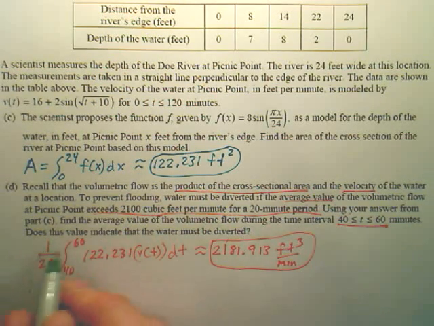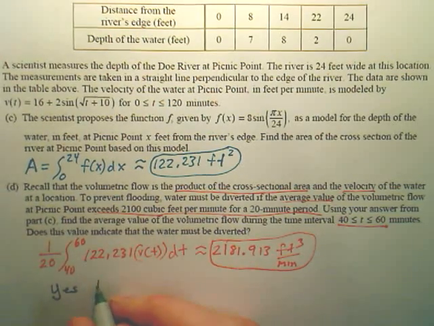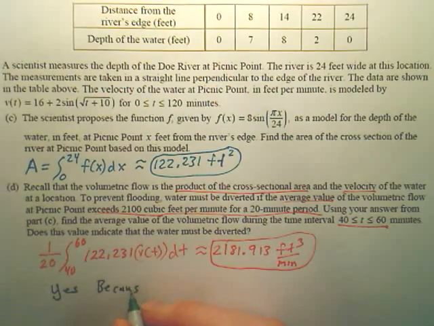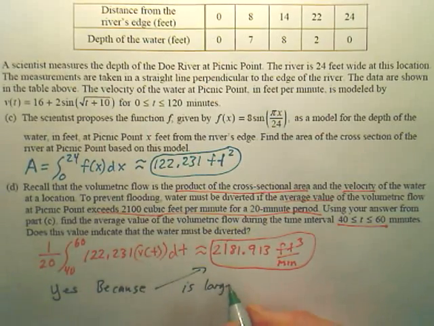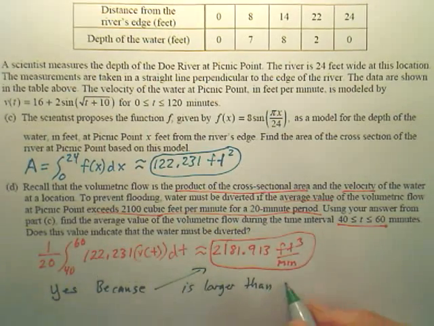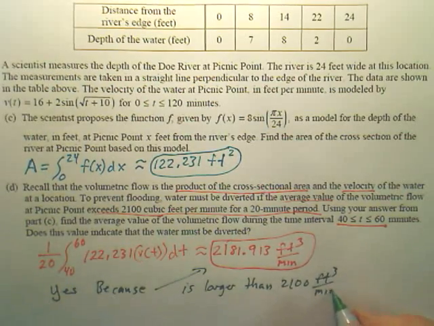The answer is yes. Does the value indicate you need to divert? Yes. Why? Because this is larger than 2100 cubic feet per minute.